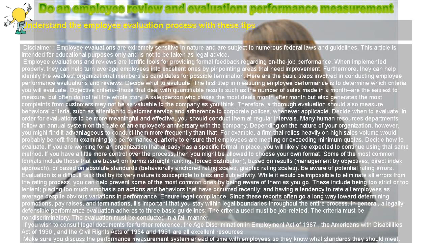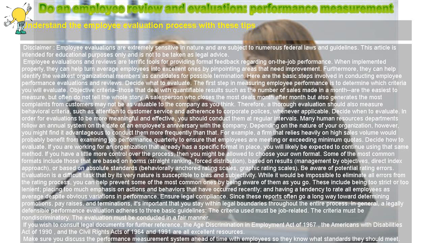Be aware of potential rating errors. Evaluation is a difficult task that by its very nature is susceptible to bias and subjectivity. While it would be impossible to eliminate all errors from the rating process, you can help prevent some of the most common ones by being aware of them as you go.